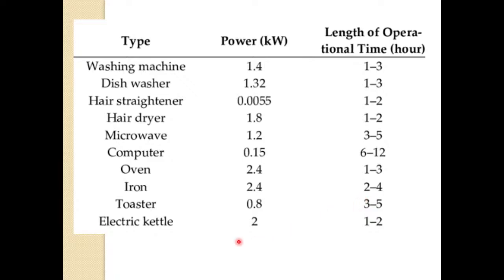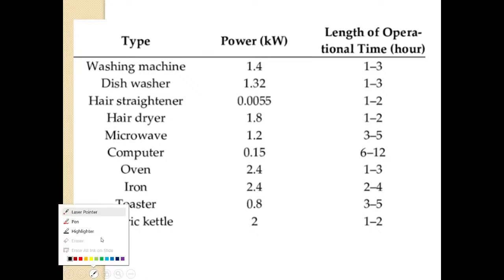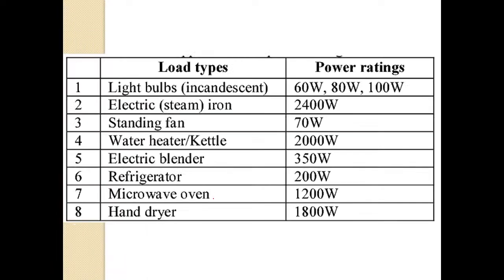Let us see one more list. Light bulbs: nowadays we don't use incandescent bulbs, most of us use fluorescent bulbs. If we use an incandescent bulb, its power rating is around 60, 80 or 100 watts.